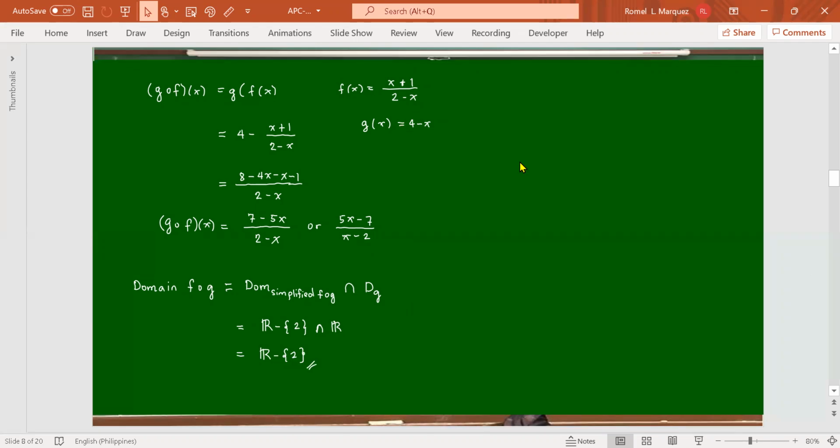Okay, guys? What about if you're asked of the domain of G circle F? Children. So that is domain of simplified G circle F. Intersection with what?